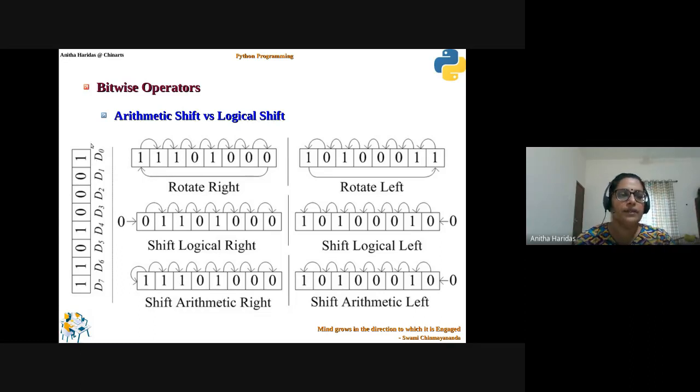So this is the given value. I have 1101. D0 is here. This is D0 and this is D7. So D0 is the LSB and D7 is the most significant bit. Now, if I do the logical right shift, this is the LSB value, right?